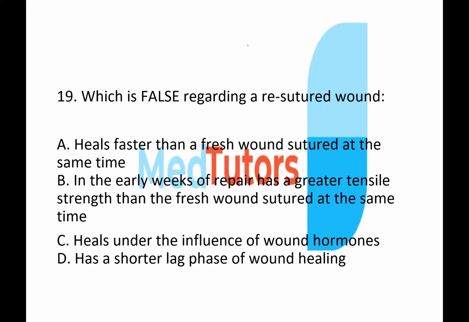In the early weeks of repair, it has a greater tensile strength than the fresh wound sutured at the same time. That is true. Heals under the influence of wound hormones. That is false. Has shorter lag phase of wound healing. That is true.